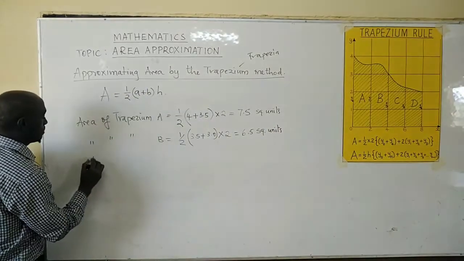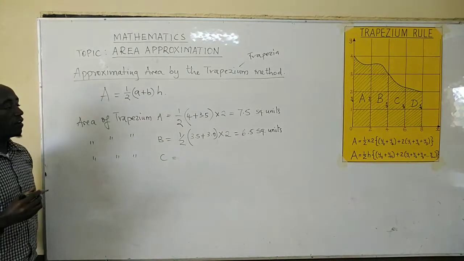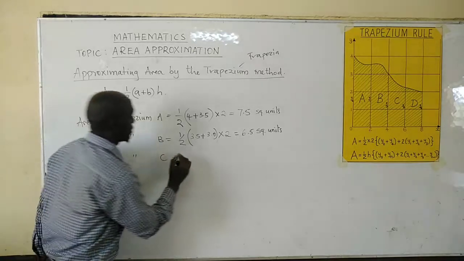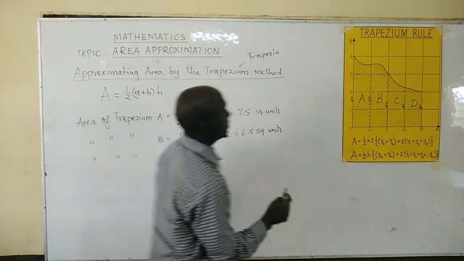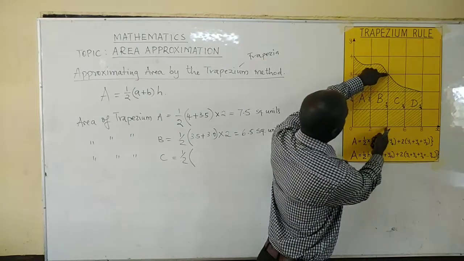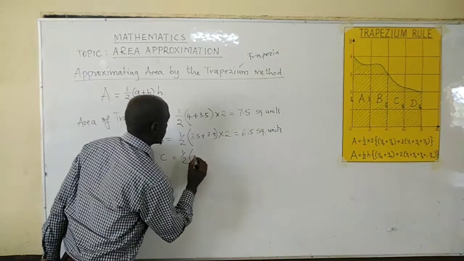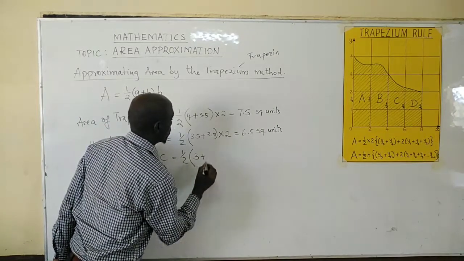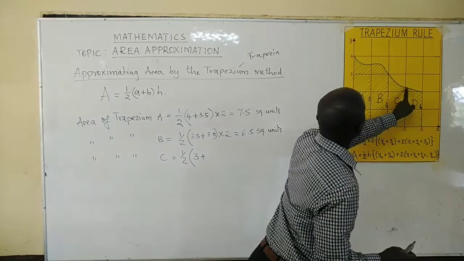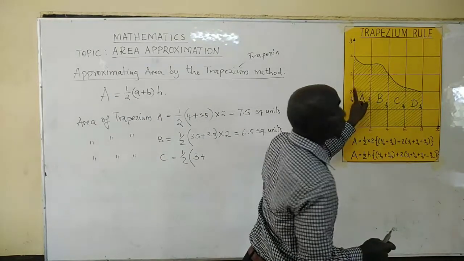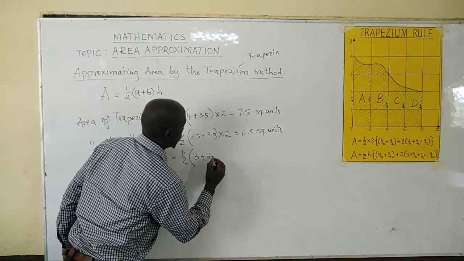Then area of trapezium C. We use the same formula again, a half in brackets, A plus B. For trapezium C, length A is this one here, which is 3 units, or 3.0, plus length B is this one, which is approximately 2.2 units.